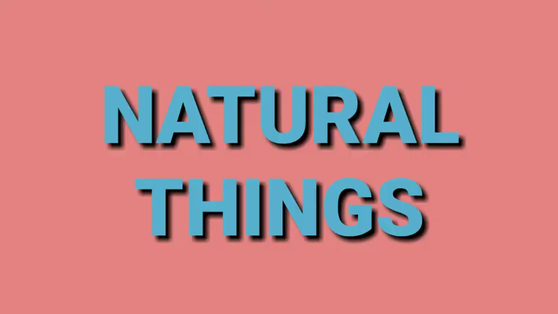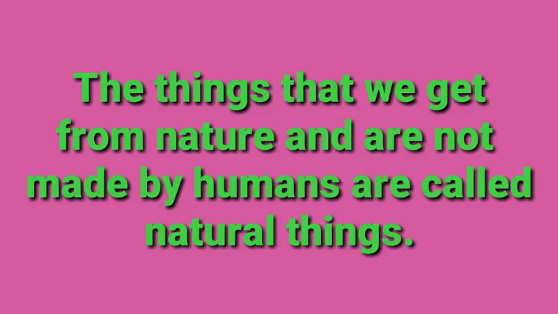Natural things. The things that we get from nature and are not made by humans are called natural things. This is the simple definition of a natural thing. So, these things are not made by humans. They are present in nature already.